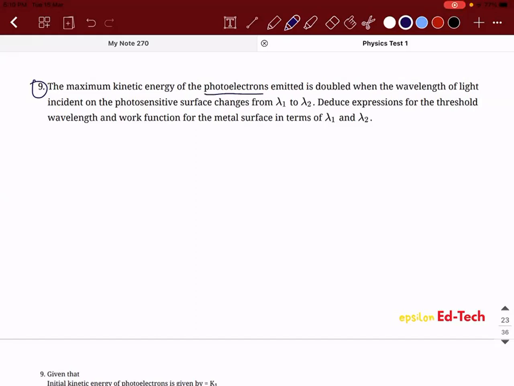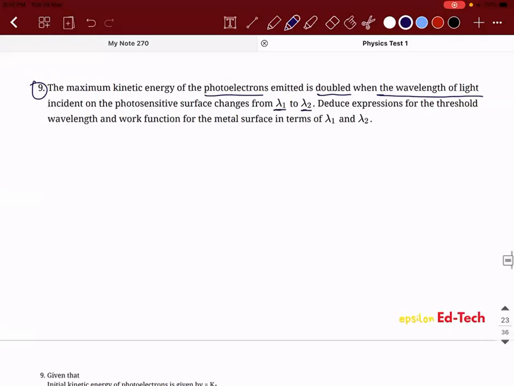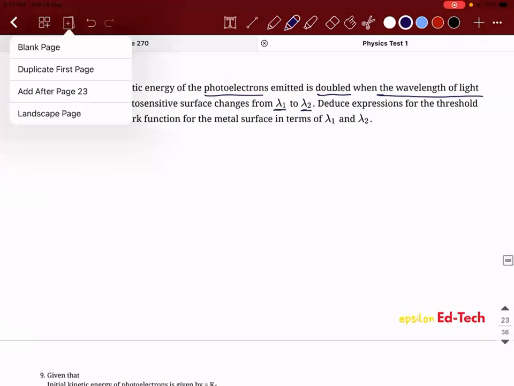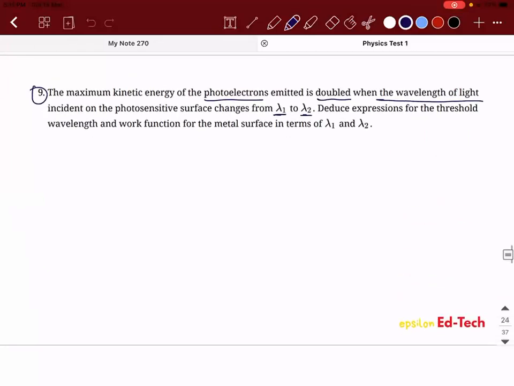The maximum kinetic energy of photoelectrons emitted is doubled when the wavelength of light incident on the photosensitive material changes from lambda1 to lambda2. We need to derive the expressions for the threshold wavelength and work function for the metal surface in terms of lambda1 and lambda2. So how to solve this problem, guys? The only equation that we have in our hand is Einstein's photoelectric equation.